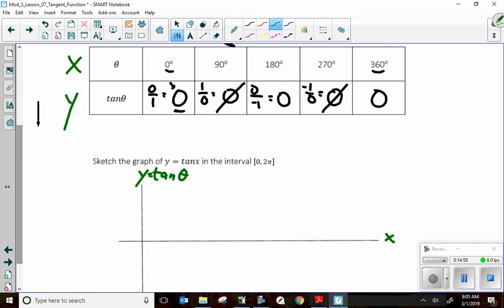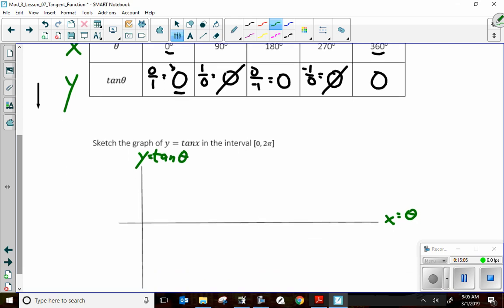And the x is really just my angle, theta. Okay, so I'm going to go from 0 all the way to 360. Half of 360 is 180. Half of 180 is 90. If I add 90 and 180, I get my 3/4, 270.